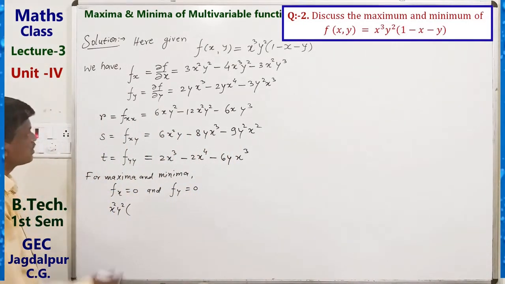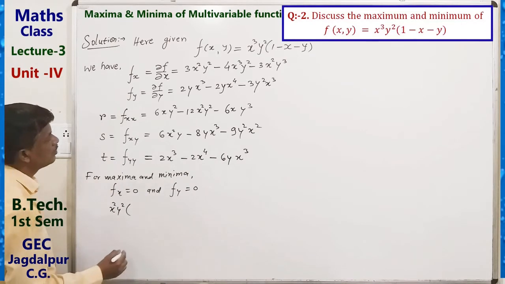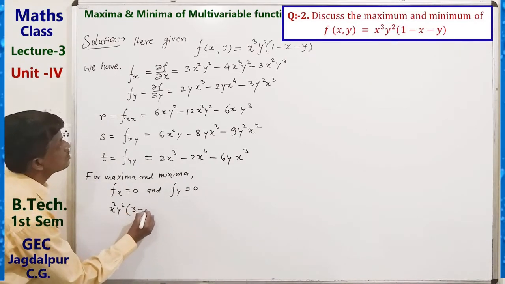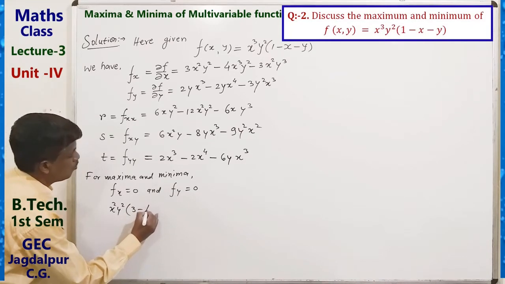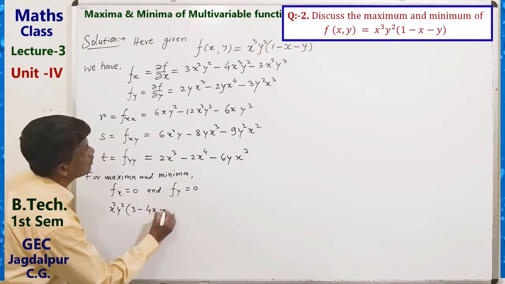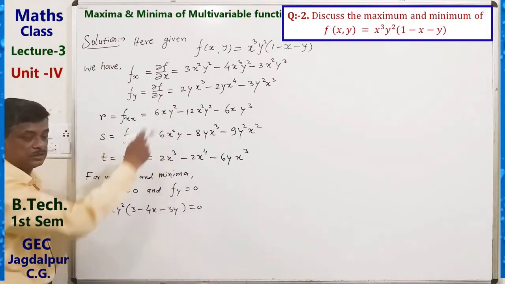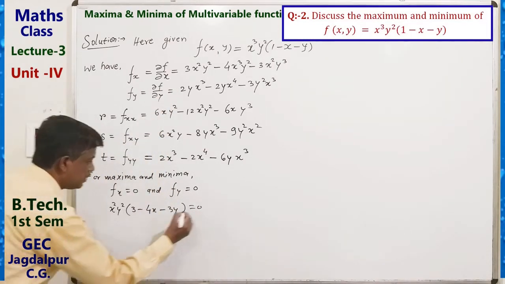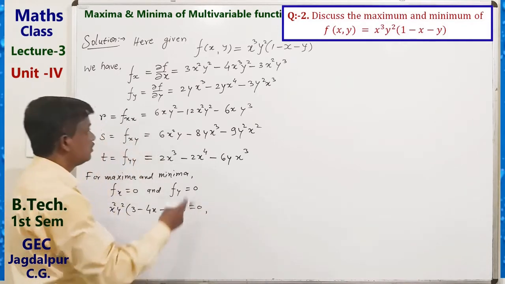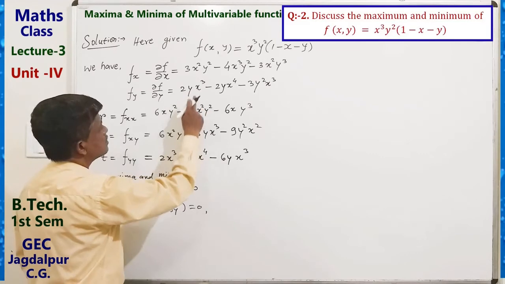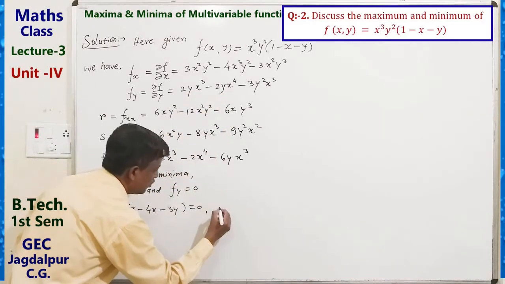Clear? So x square y square common, then 3 minus 4x minus 3y equals 0, first equation. And second, this: yx cube common.